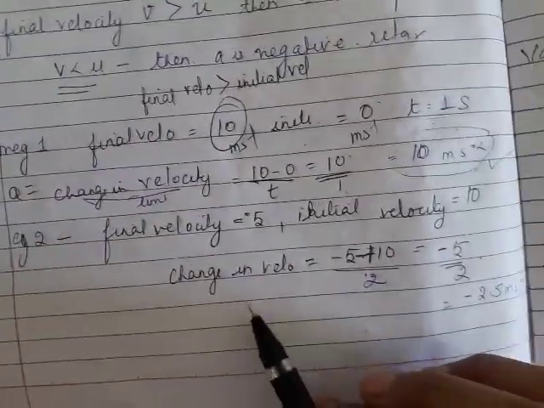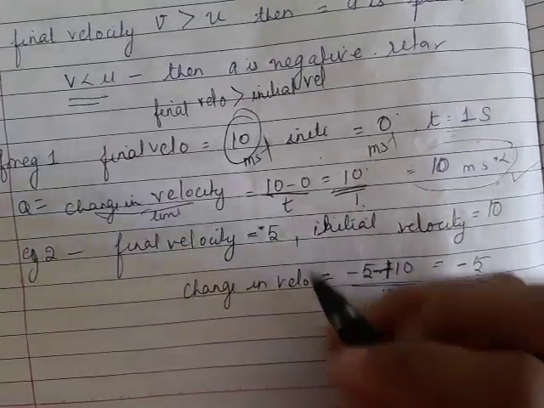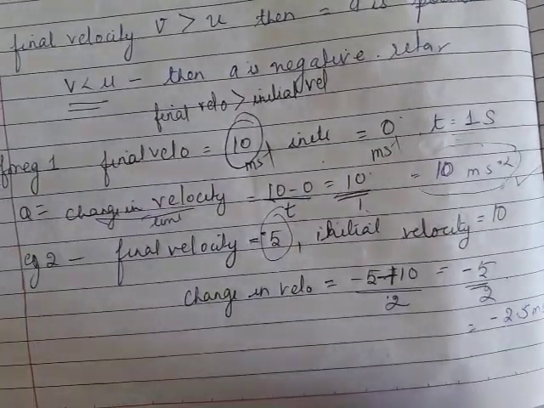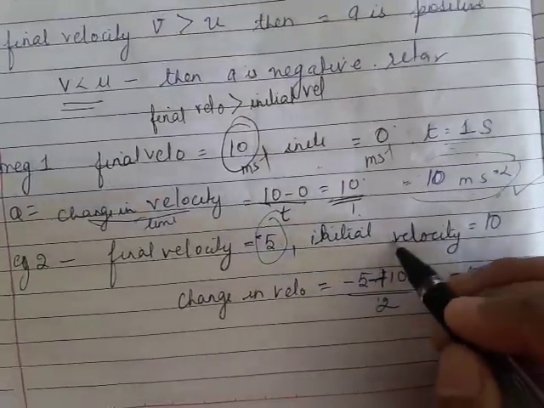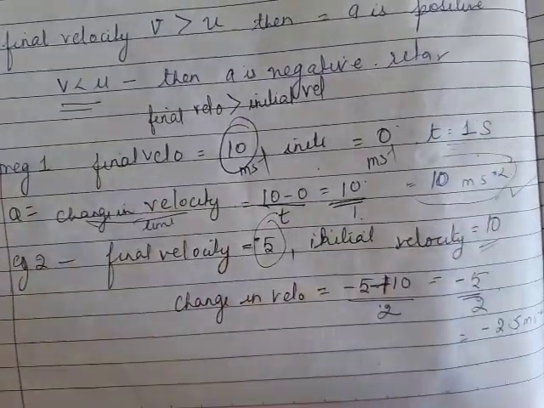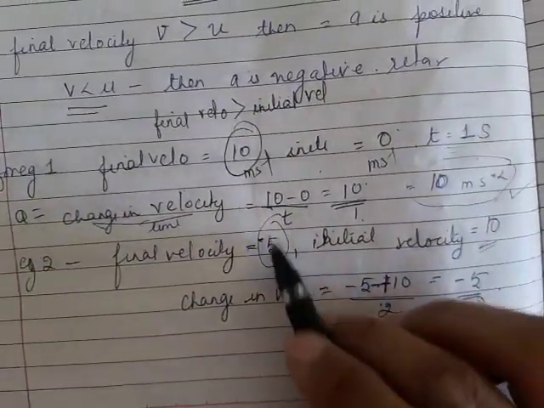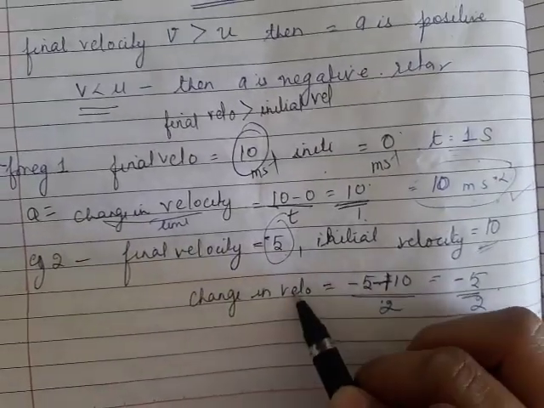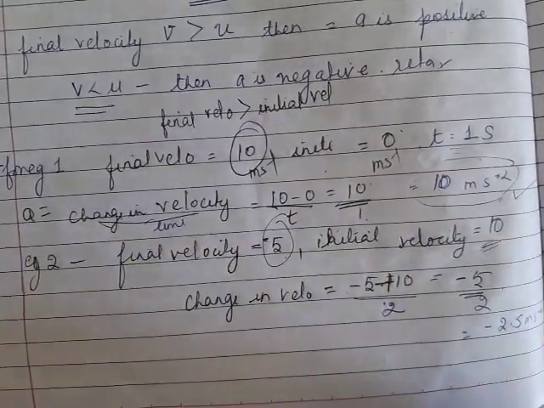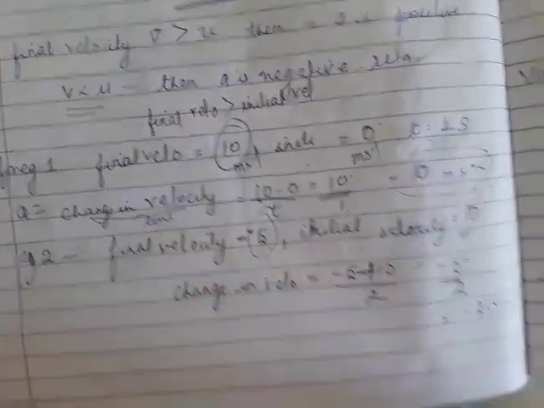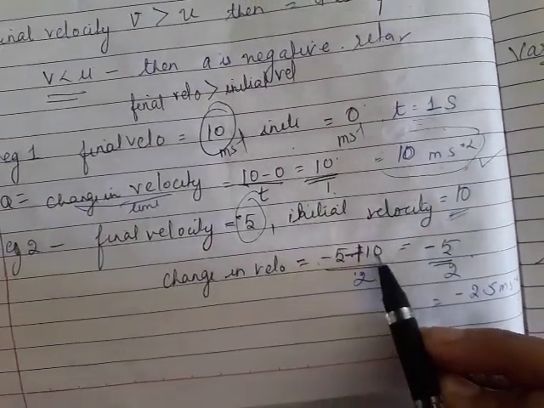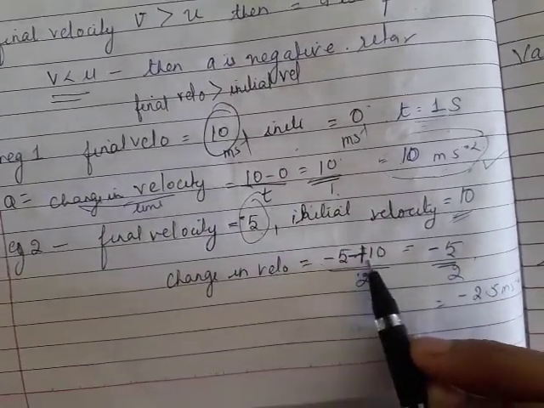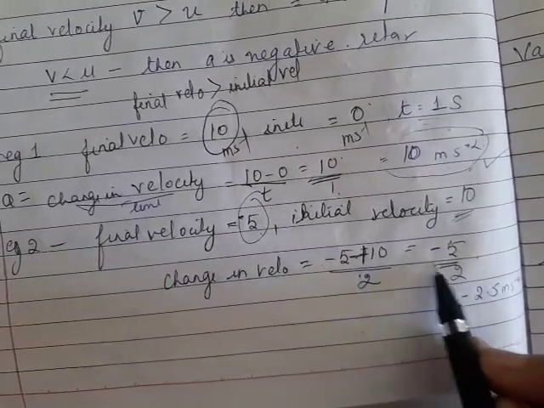Now see here the final velocity. Final velocity is minus 5, initial velocity is 10. So change in velocity is final velocity minus the initial velocity. So minus 5 minus 10, minus minus plus, minus 5 plus 10 upon 2, which is minus 5 upon 2.